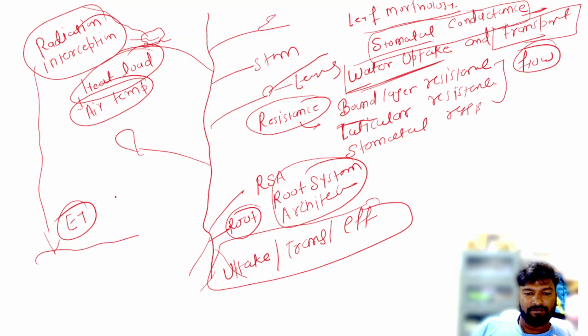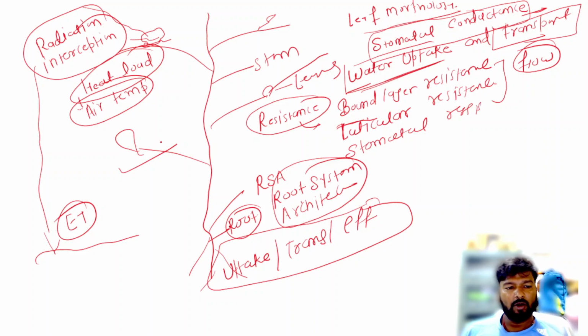So friends, this is about water use efficiency. Hope you understand what water use efficiency is, what the formulas are, how the stomata regulate the water use efficiency, and how we can measure the water use efficiency with different methods.